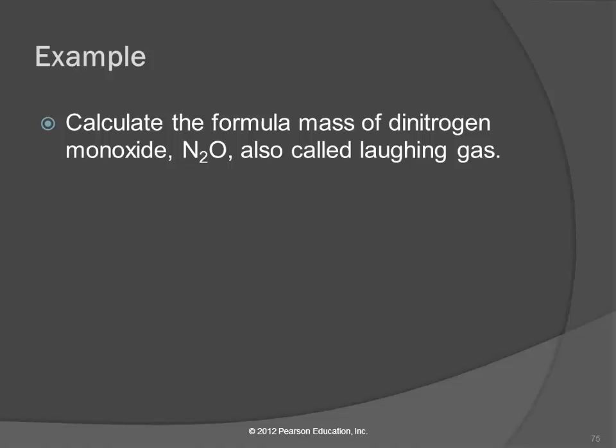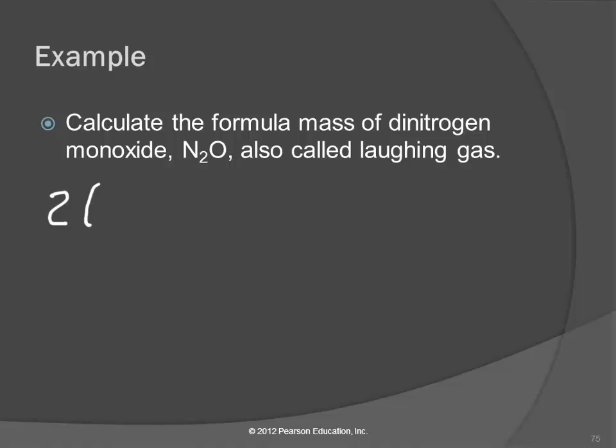So let's do this example. Calculate the formula mass of dinitrogen monoxide, which is also called laughing gas. It has the formula N2O. So we look at the first element. It's nitrogen. How many nitrogen atoms are in this formula unit? 2, right? So we have 2 times the mass of nitrogen.